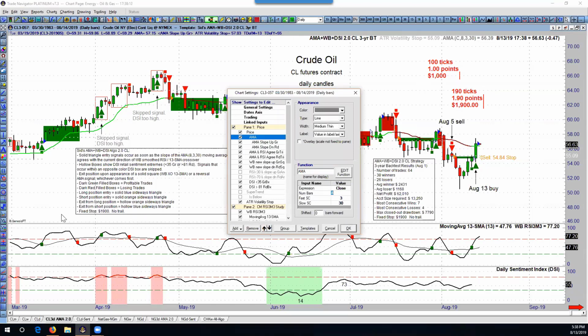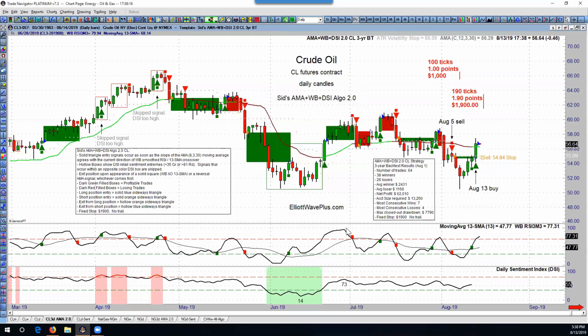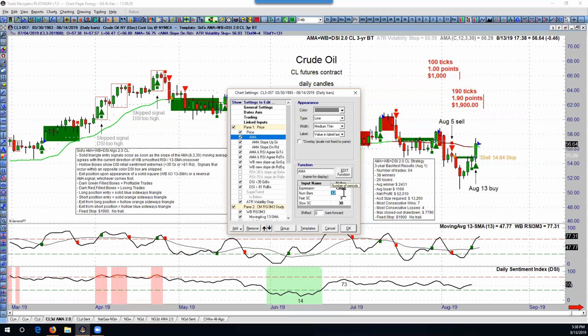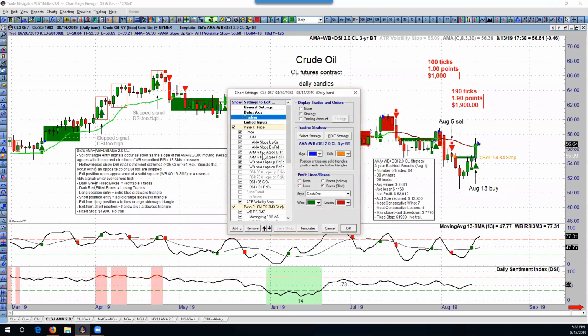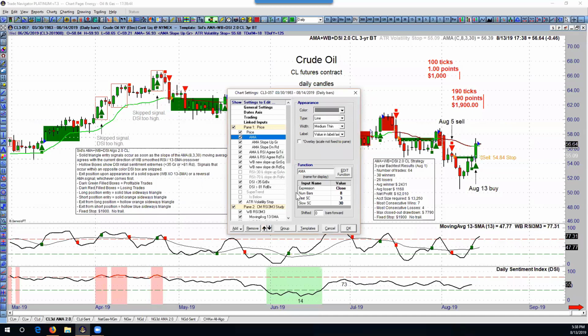Well, if I set this for 12, 3, and 30, we'll see in a second that what that does is it slows it down, it smooths it out quite a bit. And so I've got my algo back testable so that I can back test. I'll put it back to the original 8, so that I can back test all 3 of those parameters that are associated with the adaptive moving average.